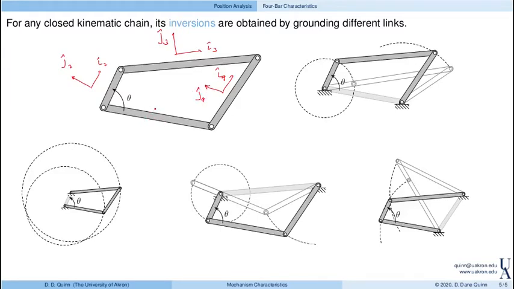And then finally, I'll define I1 and J1, thinking about that as what would be, as seen over here on the right, the ground link.